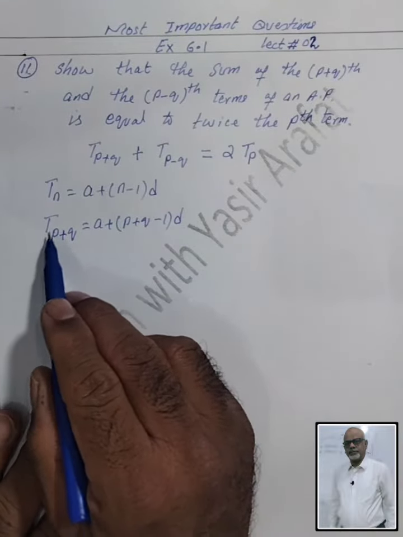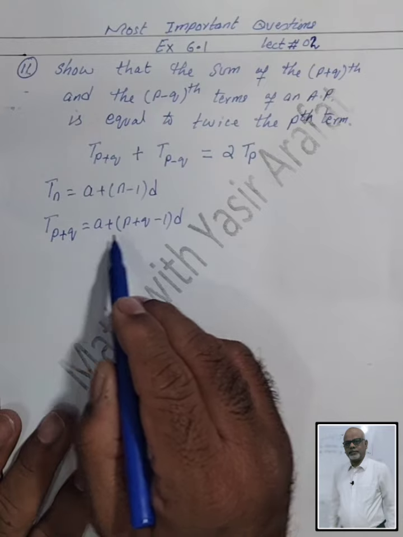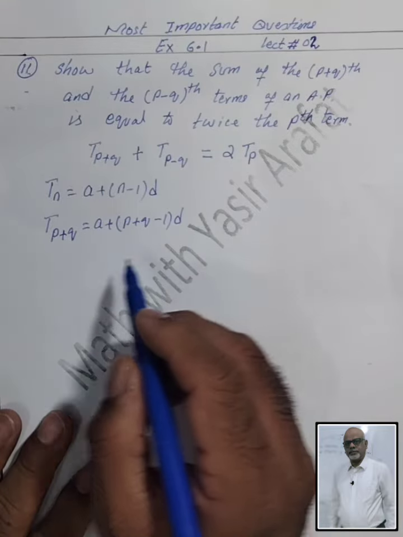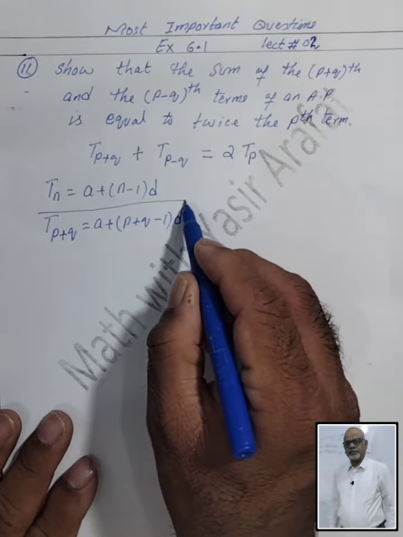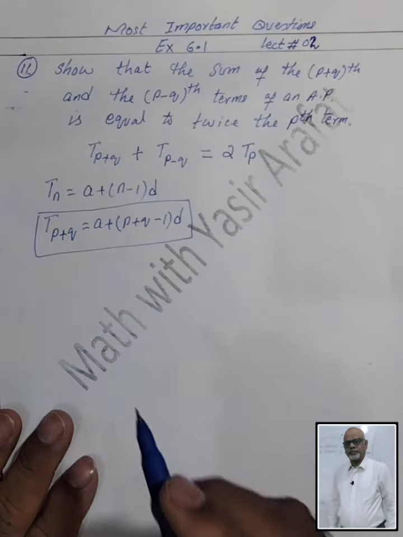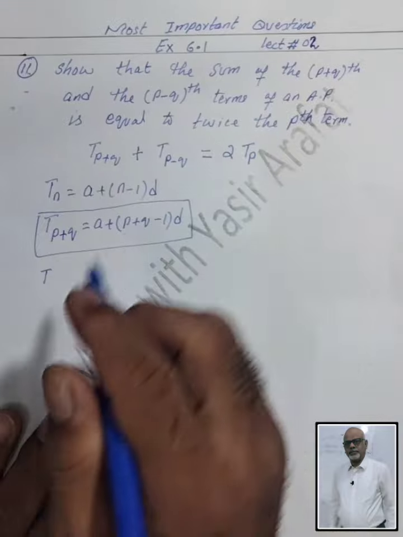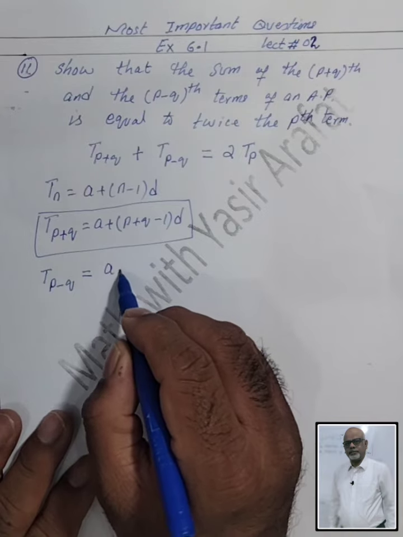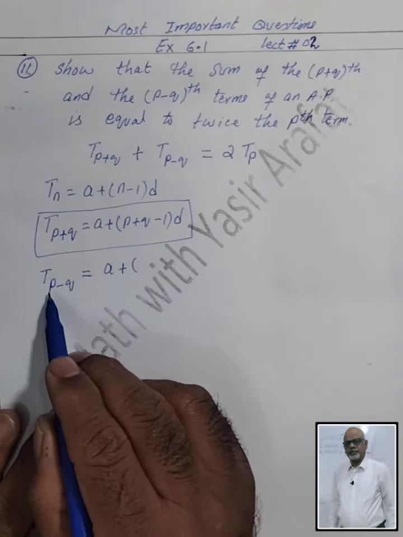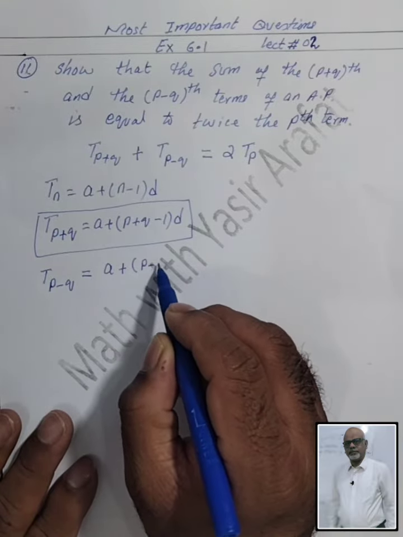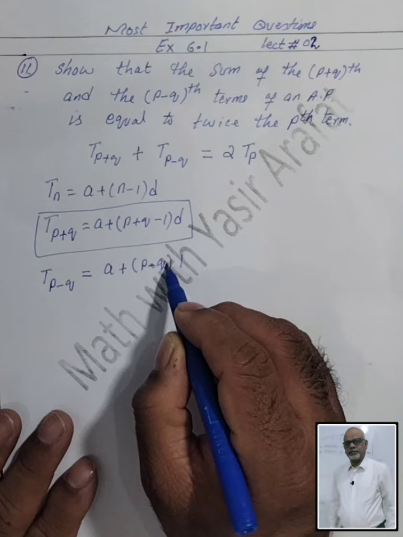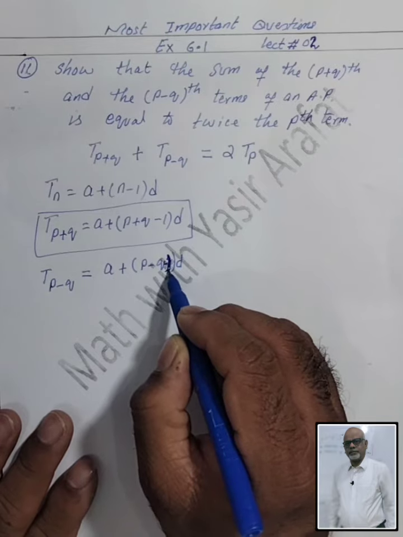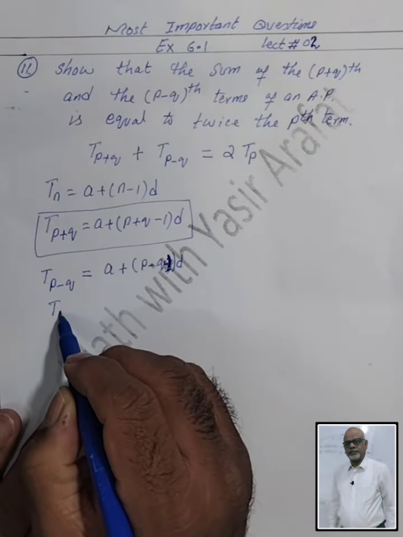So it is equal to a plus (p plus q minus 1) into d. This is the value of T(p+q). Now T(p-q): it is equal to a plus, and what is the value of n here? n is p minus q. So this is (p minus q minus 1) into d.